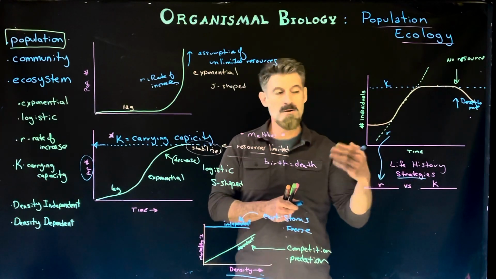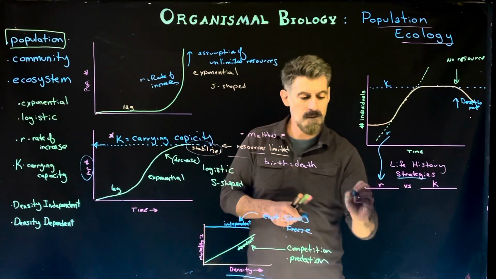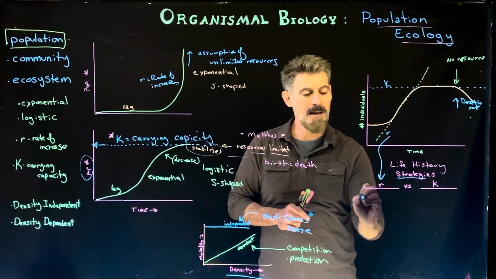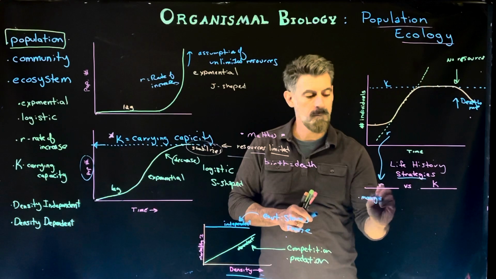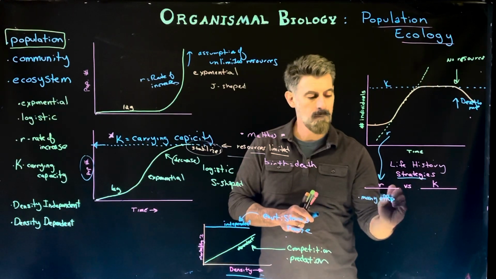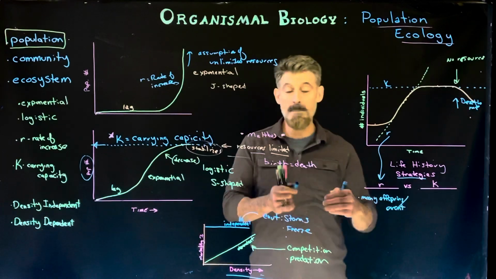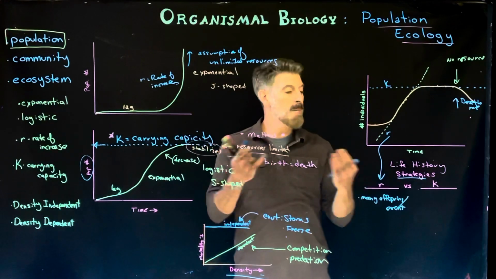They have an R strategy, which means often things like, we'll go through a little list here, they typically have many offspring per event. Per reproductive event, hundreds, maybe thousands of offspring.